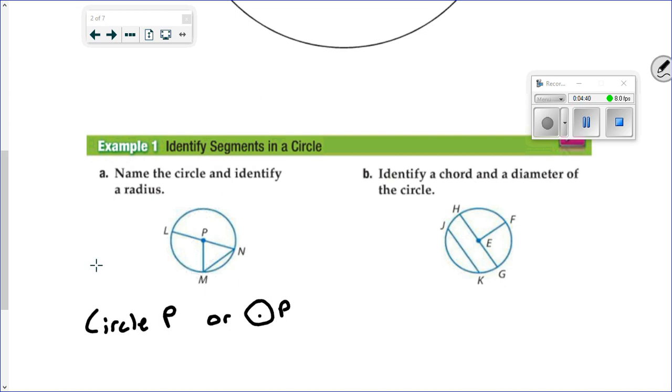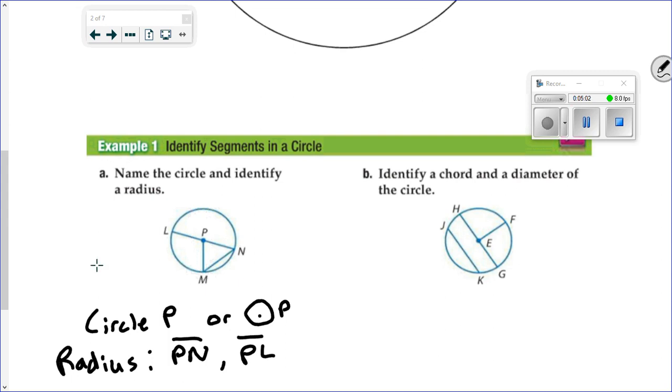And then a radius, guys. A radius is just, again, a segment with endpoints at the center and on the circle. So there's a few examples of radii here. One radius would be the segment PN. PL is also a radius.